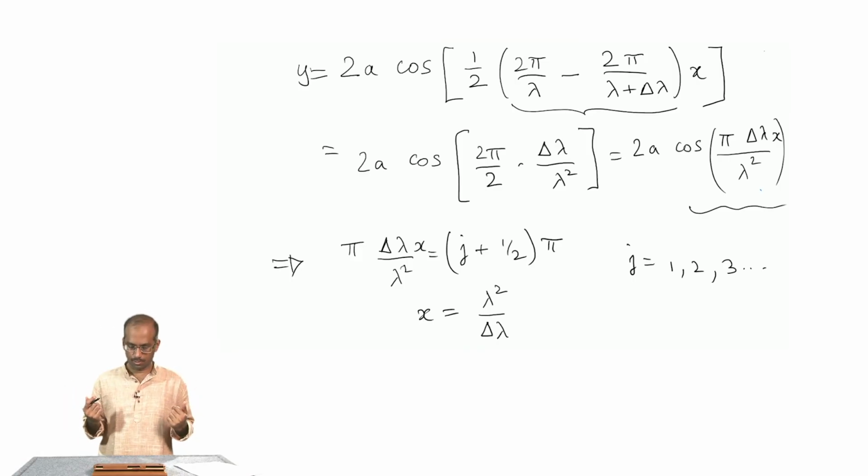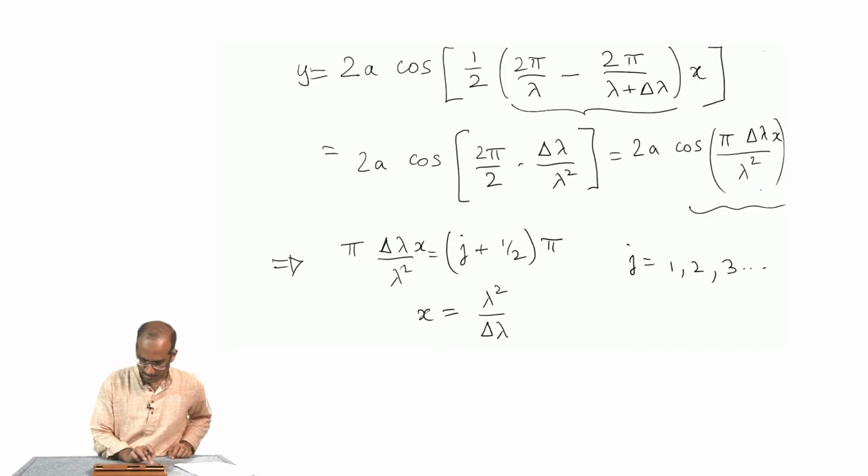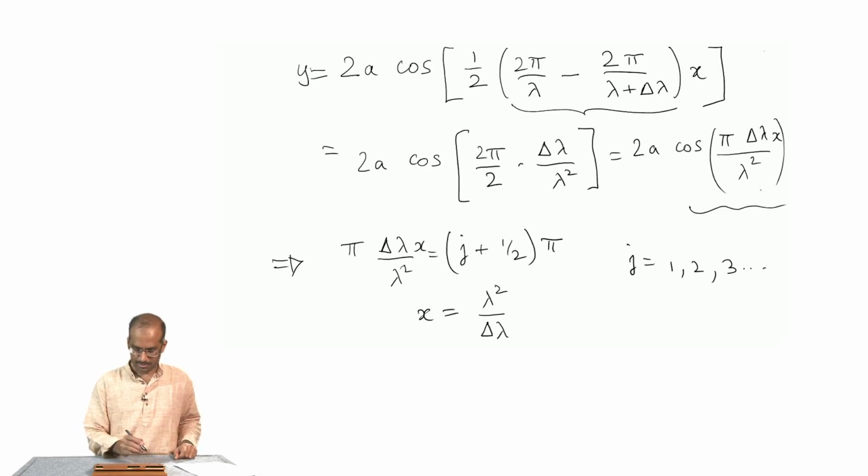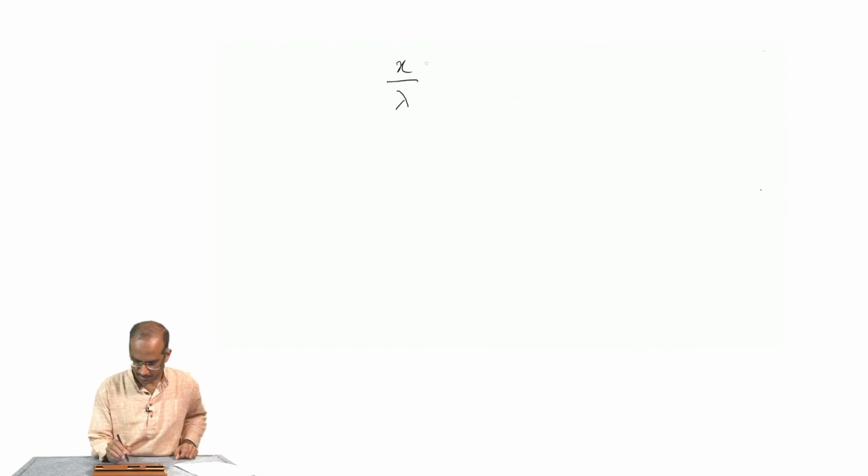But what I want to know is how many full wavelengths are contained in it, and that would be simply equal to x by lambda, where lambda is the wavelength. So, x by lambda will give me a number which will be the number of wavelengths contained in it, and in terms of the equation that I have here, x by lambda will be equal to lambda by delta lambda.